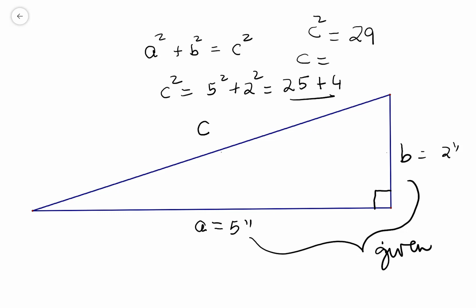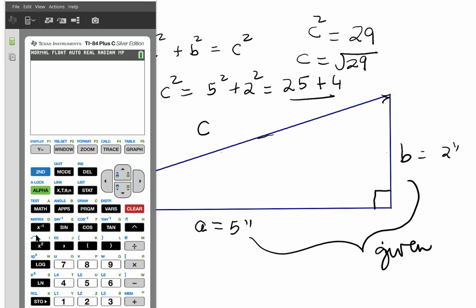Since we are simply determining the length of the side, we will have the positive square root of 29, which we can get using our calculator. Any calculator is similar: here is the square root sign, and then we just type 29 and it gives us an approximate value.